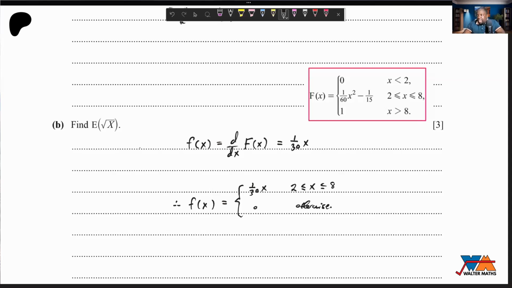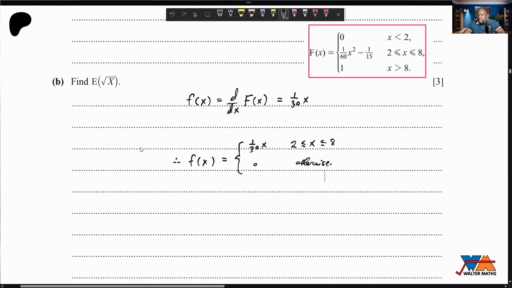From here, for E of root x, which is the same as E of x to the power of a half, it's equal to 1 over 30 of the integral of x to the power of a half times x with respect to x, from 2 up to 8.